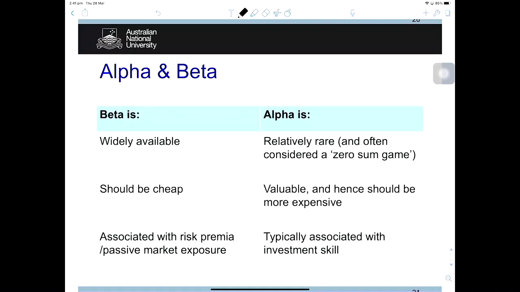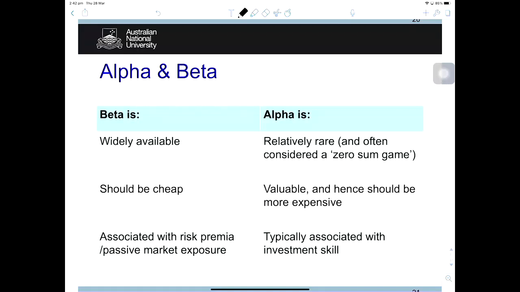But if you're just interested in the beta exposure, you just want to generate the passive index return, you might choose to invest in a market index fund. For example, the Australian Equity Index provided by Vanguard, Colonial First State, and a lot of portfolio managers.